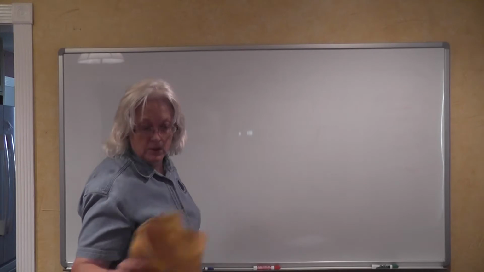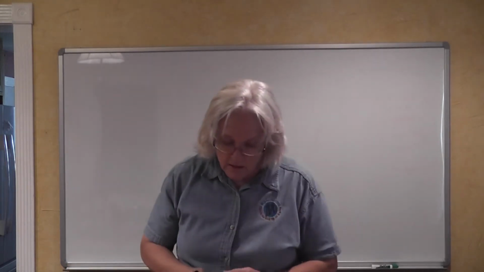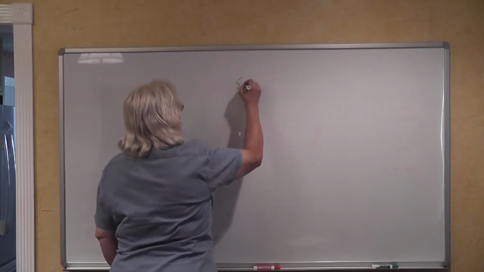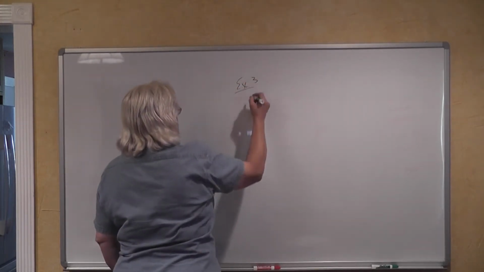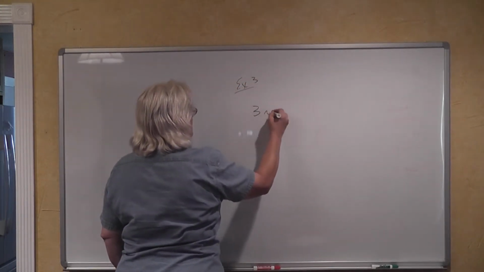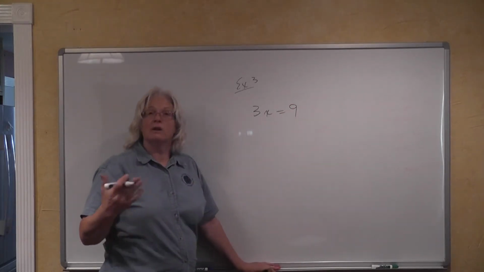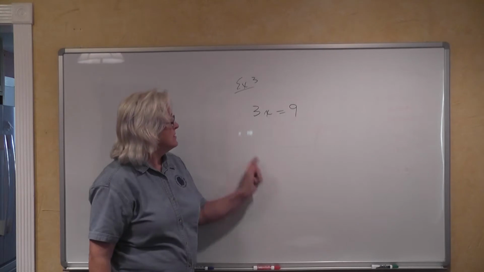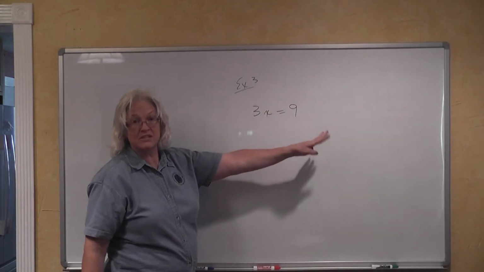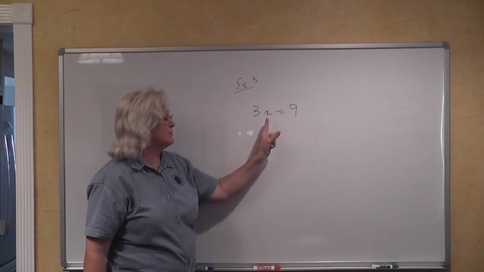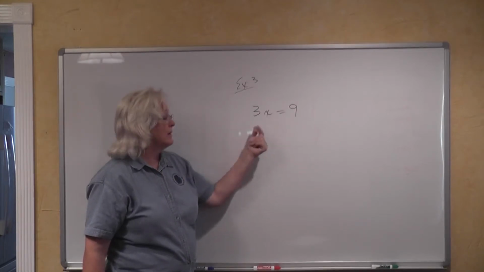This is example 3. Solve 3x is equal to 9. And we already said for this that we knew that x was going to be equal to 3 because 3 times 3 is 9. But what did our instructions say that I just erased? It said look at the variable and see what happened to it. Well, if you started with an x, what did we do?